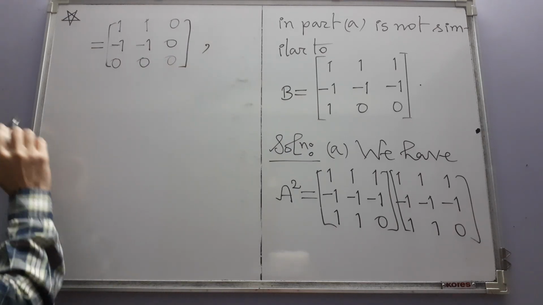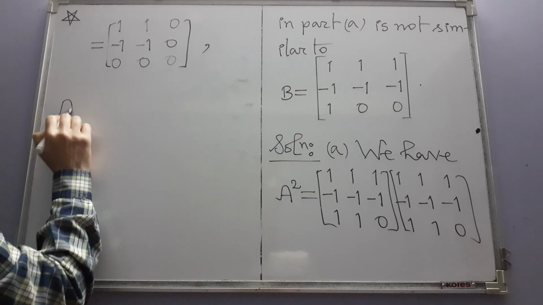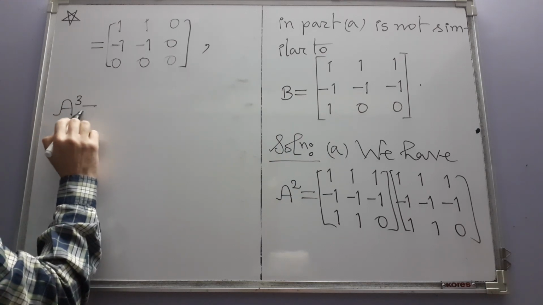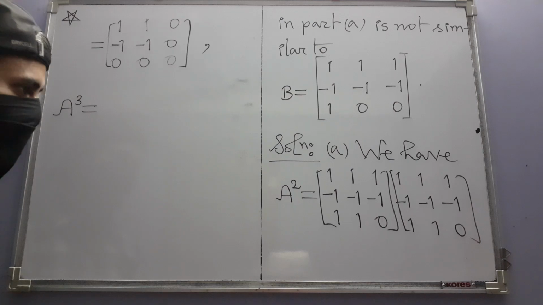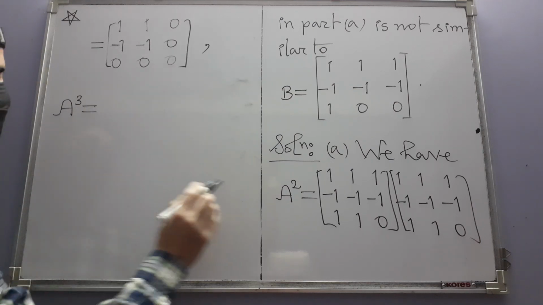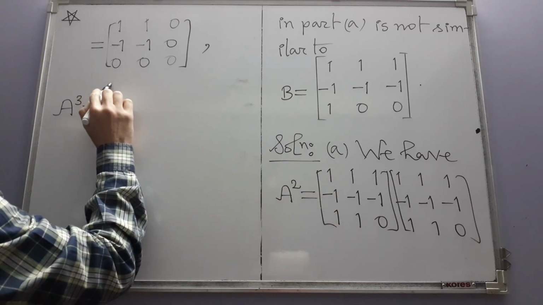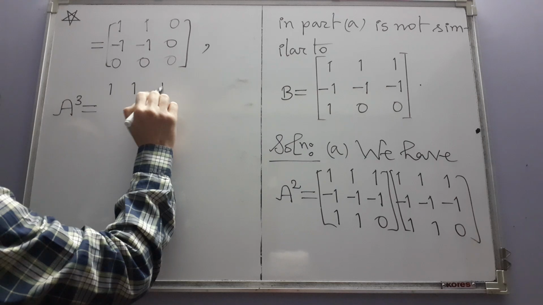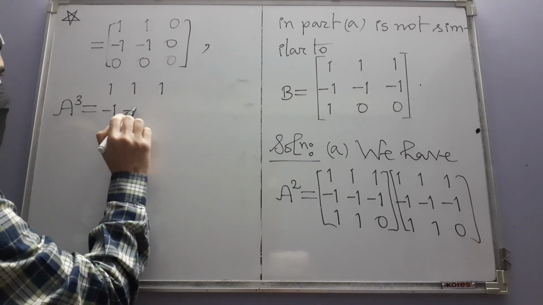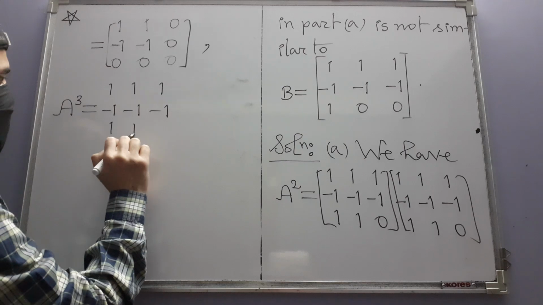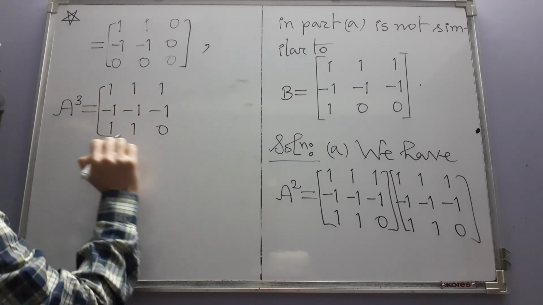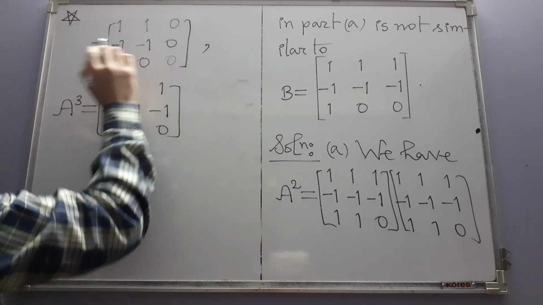Okay, let's calculate A cube. A cube is A times A square, or A square times A, in any manner you can calculate. Let me first write A. A times A square.